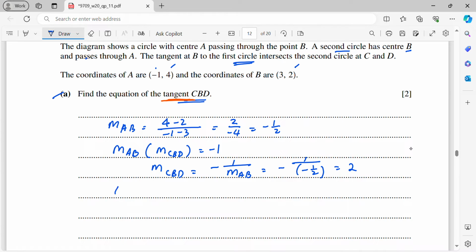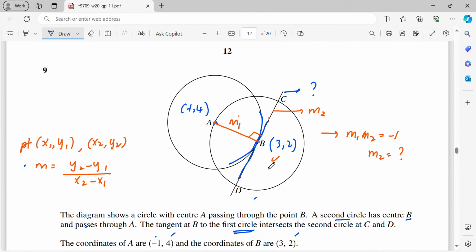So now the equation of the tangent CBD. Okay, I use the point that it passes through, point B, because C and D are unknown.